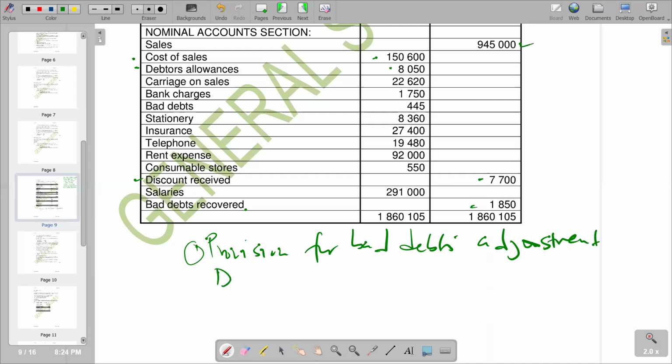Remember, if you have got a decrease of provision for bad debts adjustment, we should put it under other income. But if it's an increase, it's an expense, it's under operating expenses. So we have to check it before you leave the other income section, so that if it's a decrease, you can put it under other income.